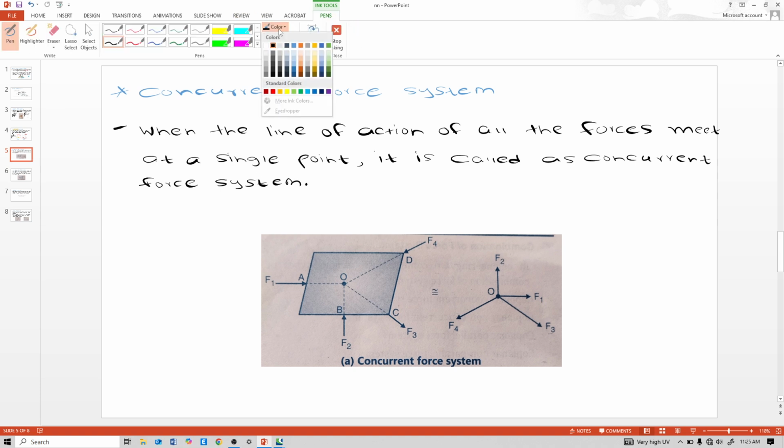So see the photograph, concurrent force system. There is point A, and on point A force F1 is acting. There is point B, on point B force F2 is acting. At point C force F3 is acting. At point D force F4 is acting, and this is point O.